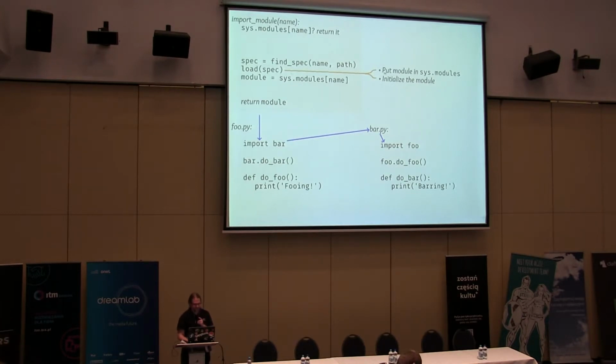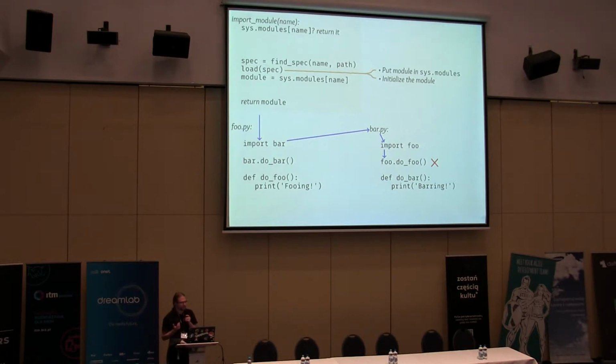Yes, it was put there by the load step before starting to execute this. So we skip this and just return the foo.py, which is currently blank because it didn't get to this function yet. So we try to use the function from foo, which is not there yet, and we get an attribute error.